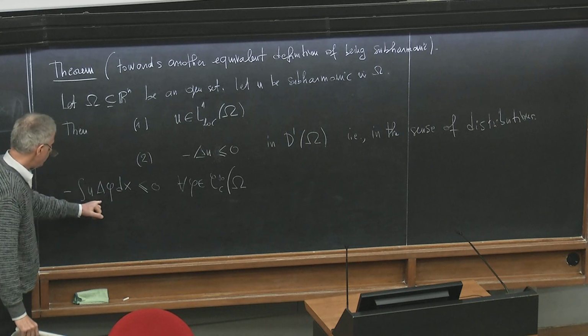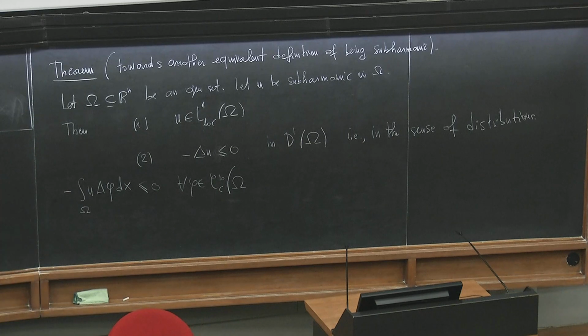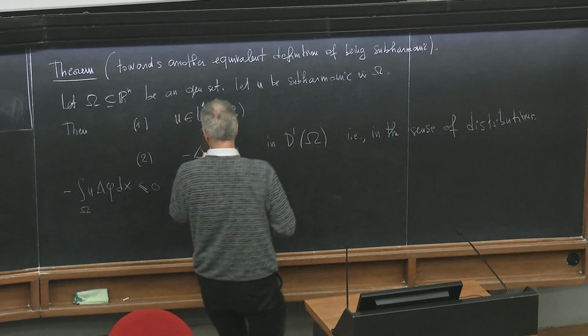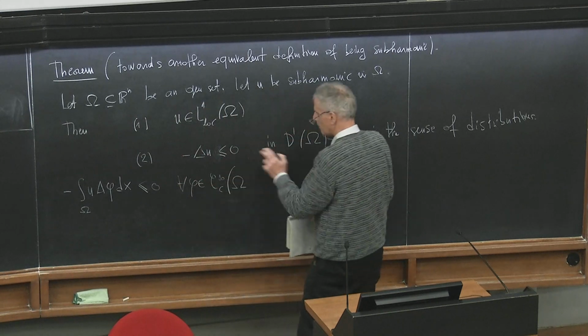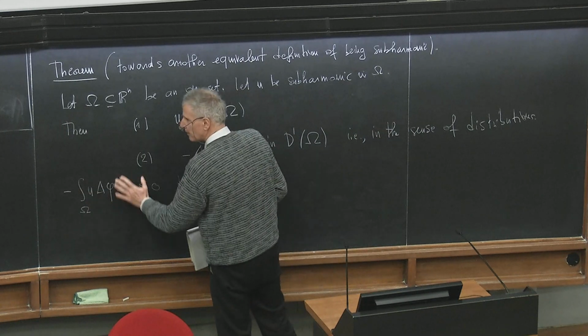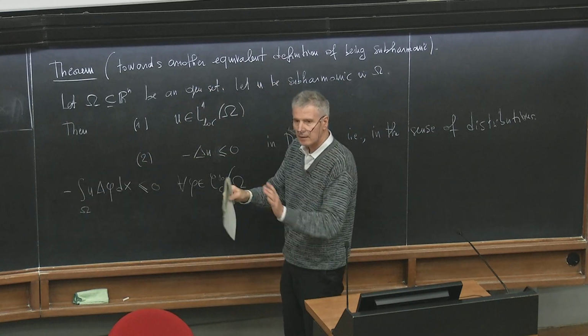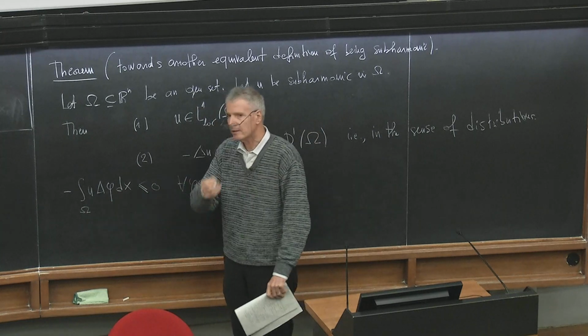So how can I motivate this one? If everything is smooth, I want to convince all of you that writing this is natural, in place of a pointwise expression at any point. In this sense it is completely different. This is a sort of non-local expression because it involves the function u everywhere in omega, not at a single point.